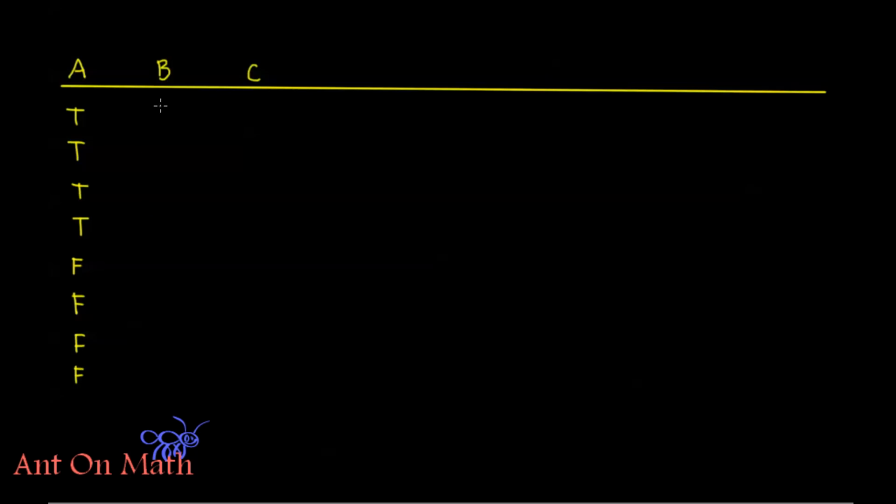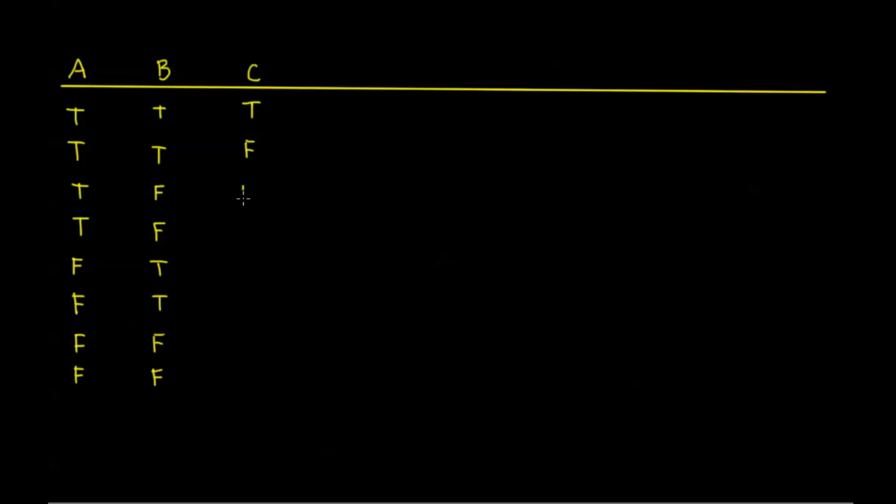I'll have my B the sequence of 2 trues and 2 falses. And my C is going to alternate between true and false. So we can see that this is equivalent to how I did it before.